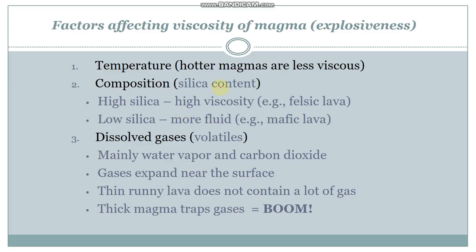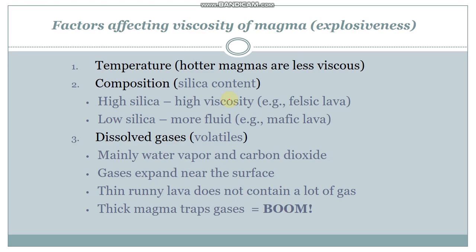Composition, such as silica or gas content. Silica kind of weighs it down and it becomes way more viscous. Just to refresh your terminology, if something is highly viscous, that means it's very gooey. It resists flow.